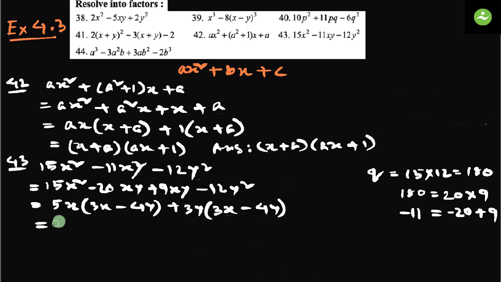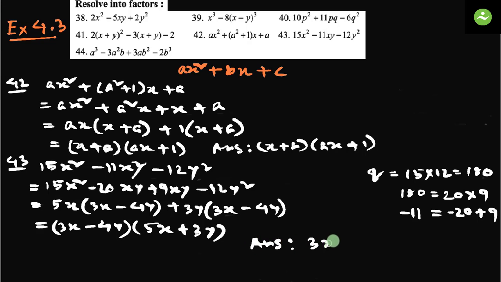So two factors we are getting, (3x minus 4y) into (5x plus 3y). That's the answer. (3x minus 4y) into (5x plus 3y).